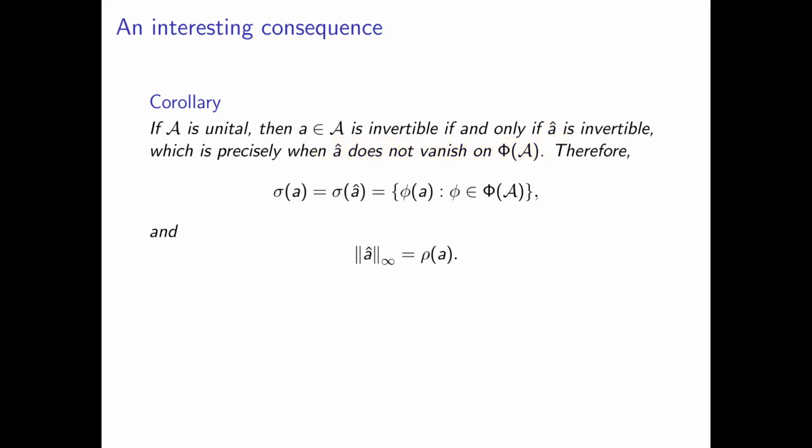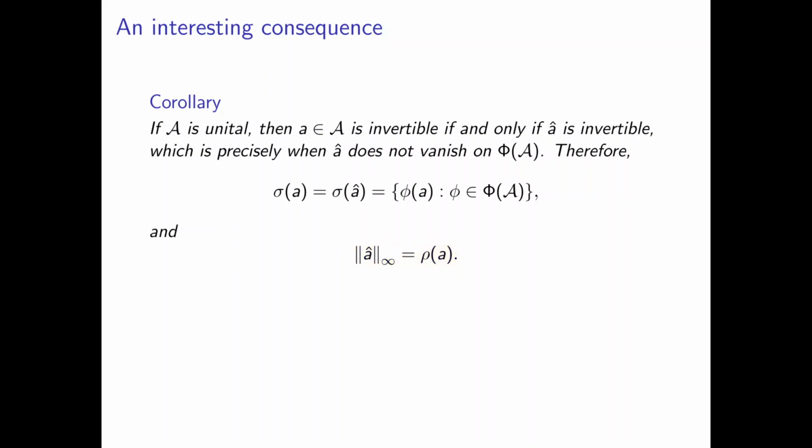And therefore, we have that the spectrum of a is equal to the spectrum of a hat. And the spectrum of a hat is, of course, just the range of a hat. And thus we can conclude also that the spectral radius of a is just equal to the norm of a hat in this supremum sense.